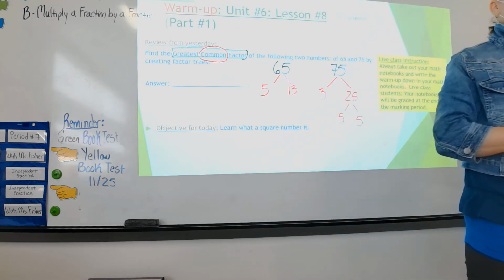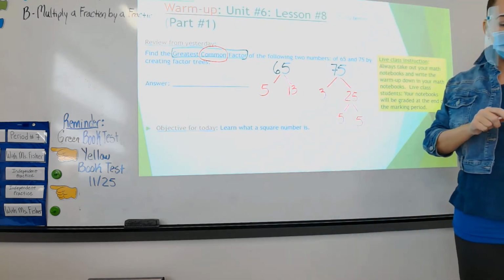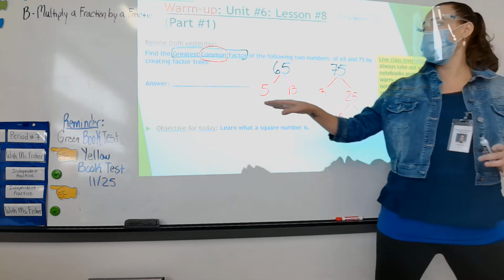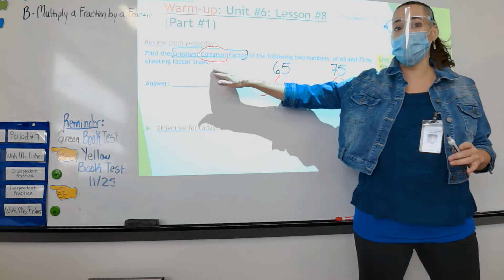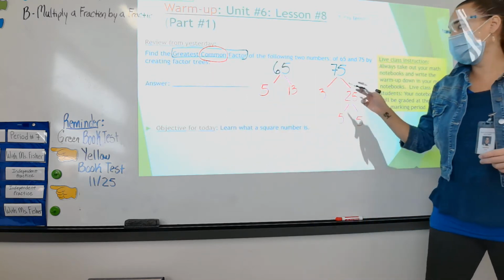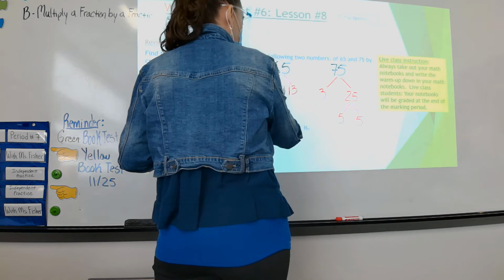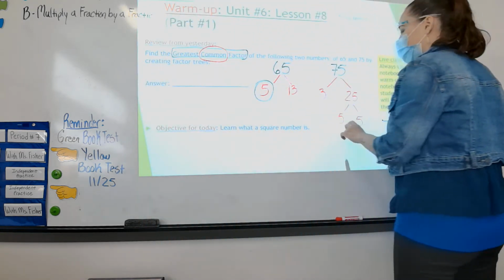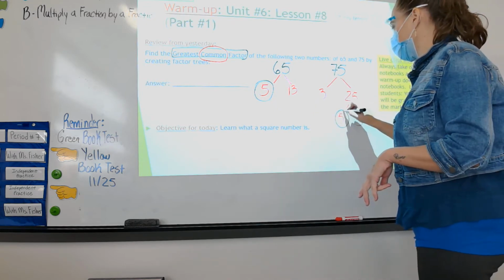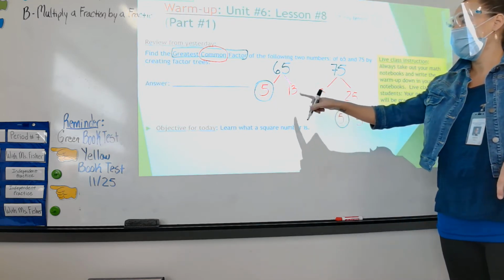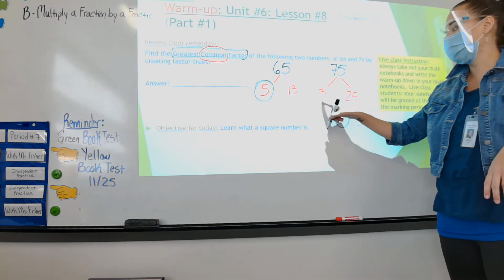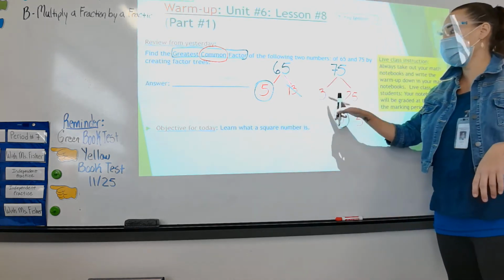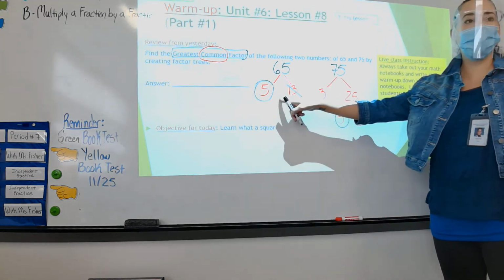So now, remember, the word in the phrase gives away what you're supposed to do next. I'm asking for the greatest common, what do they have in common, factor. So I'm going to look at them both, and I see that there's a 5 on this side, and I see there's a 5 on this side. 13 on this side, 3 and a 5, so I can't use the 13. A 3 on this side, but no 3 on this side.